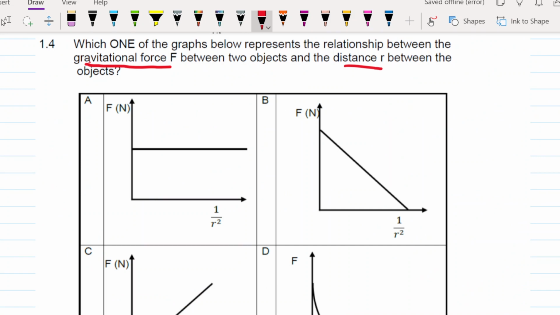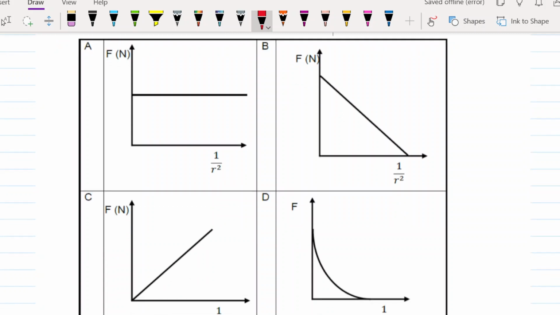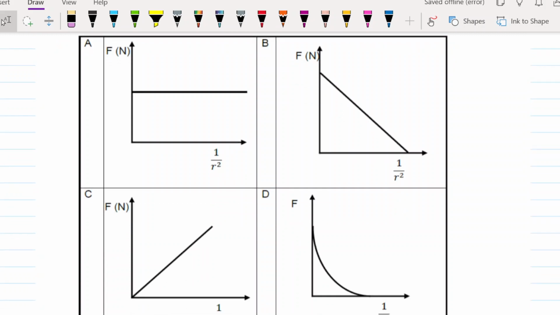So let's go to our graphs now. Let's choose between the gravitational force and the distance from the following graphs. We have a relationship of the force and the distance. For option A, we have the force and the inverse of a distance. This graph is not true because it says the force will be constant as the inverse of a distance increases. What about B?